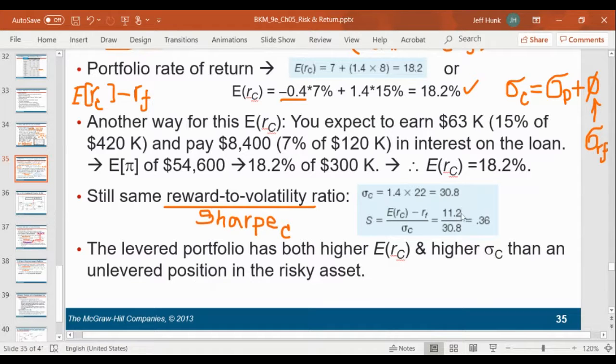Look at this ratio: 30.8 is exactly 22 times 1.4, right?